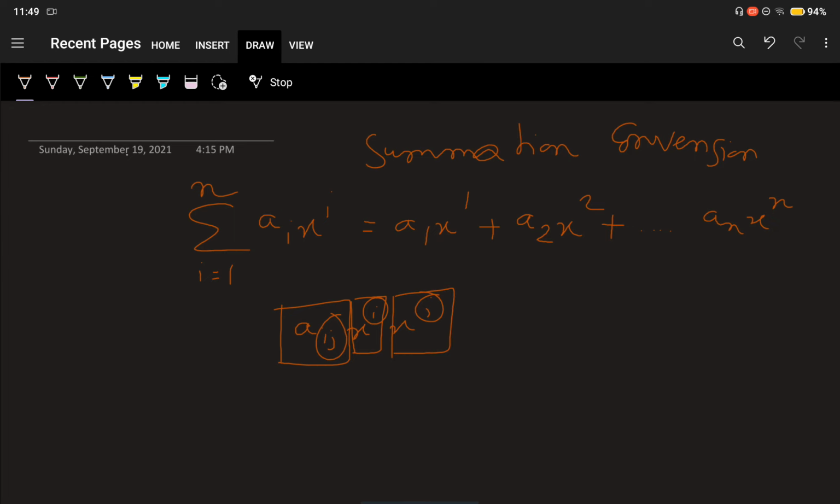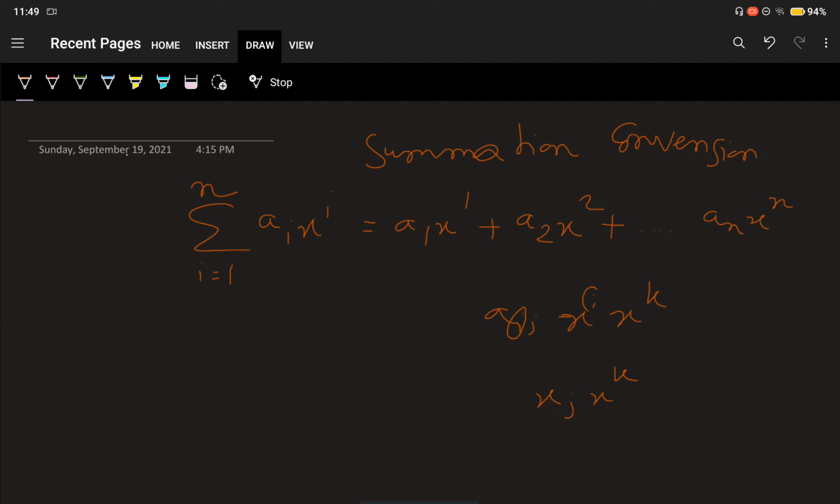Now free indices. What are the free indices? Now with some dummy indices, as shown, a_ij equal to x^i x^k, that can be written as x^j and x^k.